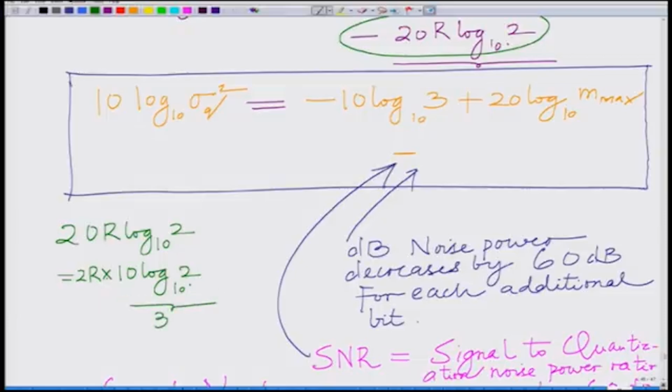Okay. So, this is basically your 3 dB, so this is equal to 6 times r. So, we have here a factor minus 6 times r.